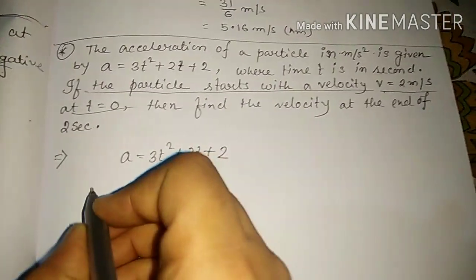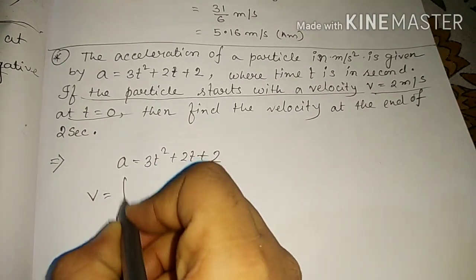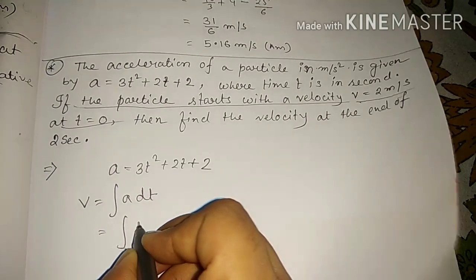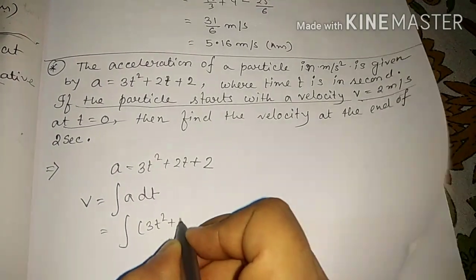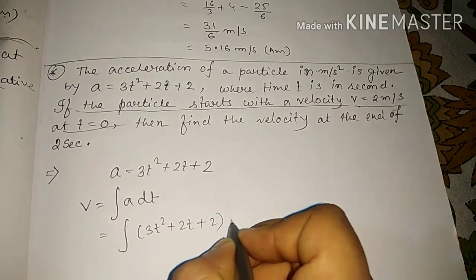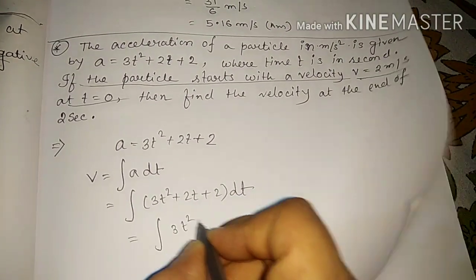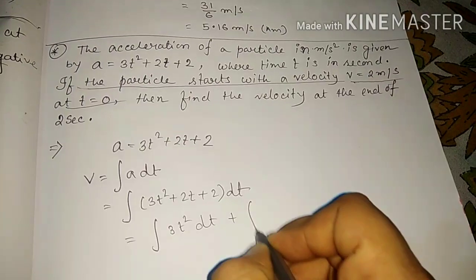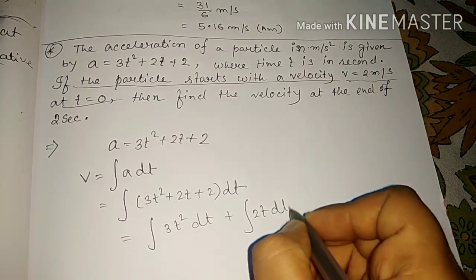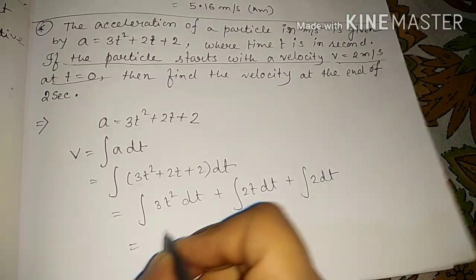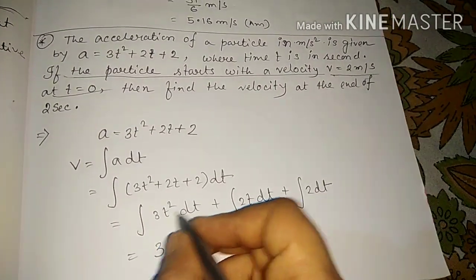a equals this. So we find v equals the integration of a dt. Now, integration of 3t squared plus 2t plus 2 into dt. Now we separate it: integration of 3t squared dt plus integration of 2t dt plus integration of 2 dt. 3 is a numerical constant, t squared dt.